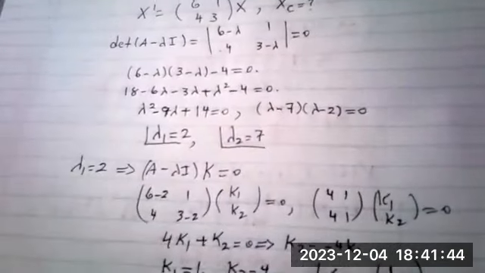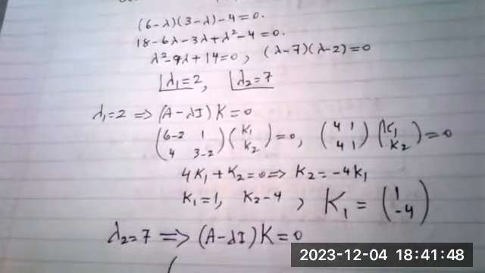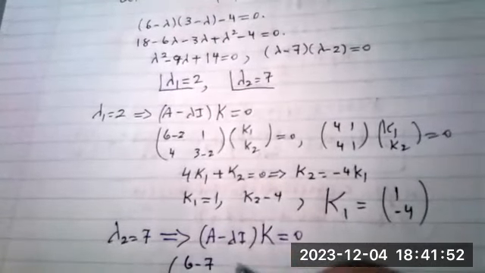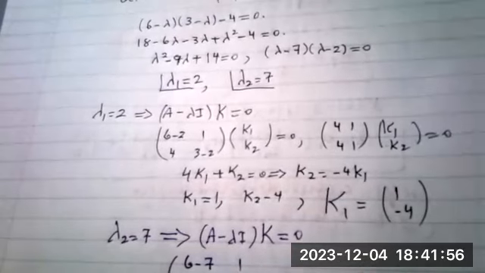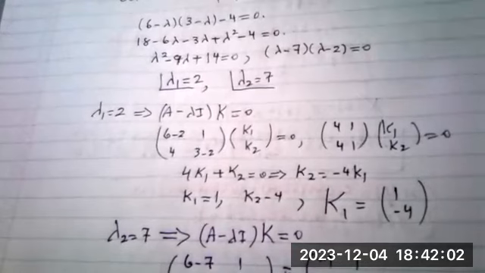So lambda is equal to 7. So the matrix would be 6 minus 7, 1, and that's going to be 4, 3 minus 7. So that gives me negative 1, 1. And this is going to be 4, 4.